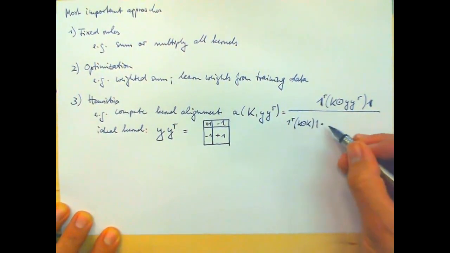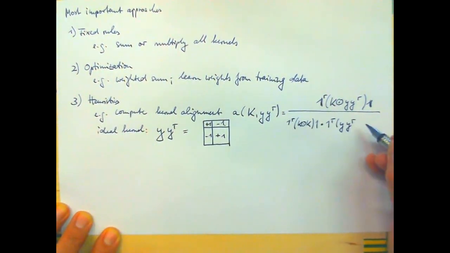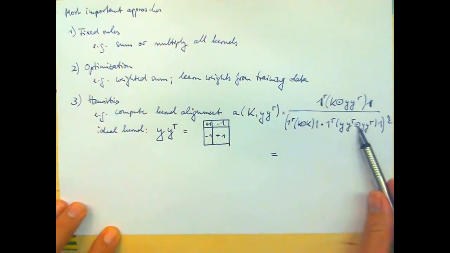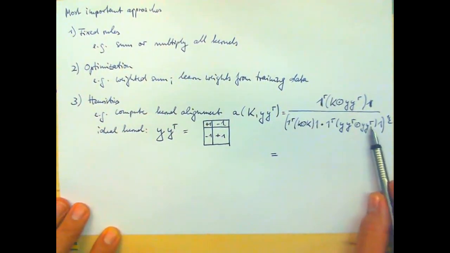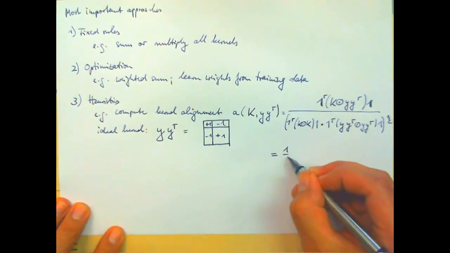So you compute the alignment between the kernel with itself, and you compute the alignment of the ideal kernel with itself. Take the square root of the product. And the alignment of the ideal kernel with itself, you can compute it. This is just n squared, and then you take the square root, so that overall gives the following expression.